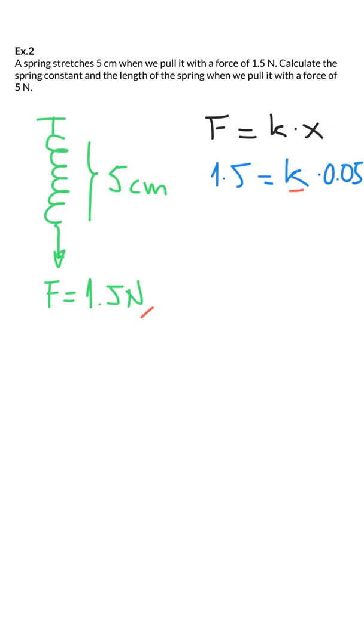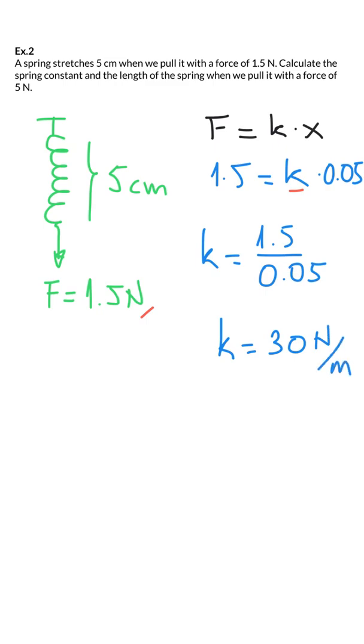Okay, so let's solve this equation. K is 1.5 divided by 0.05. You can do this with your calculator, and you will find out that the result is 30 Newton per meter.